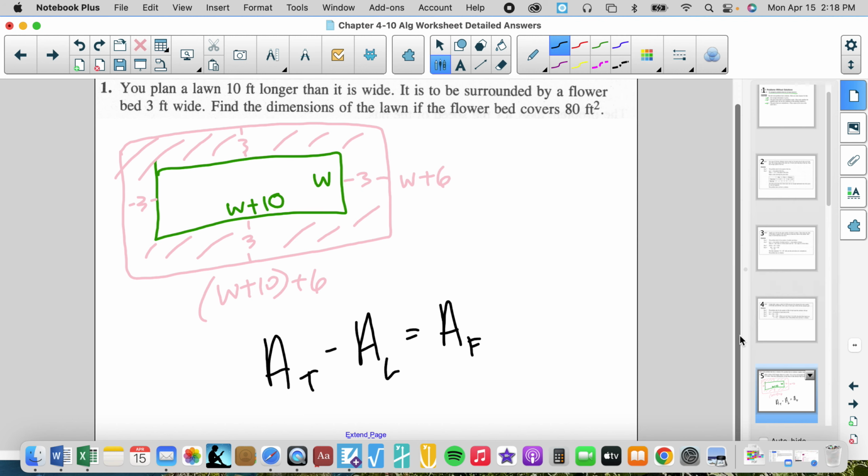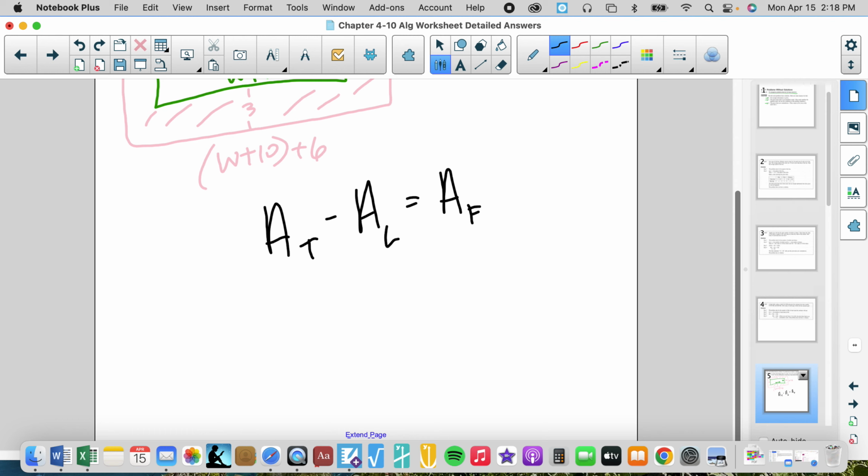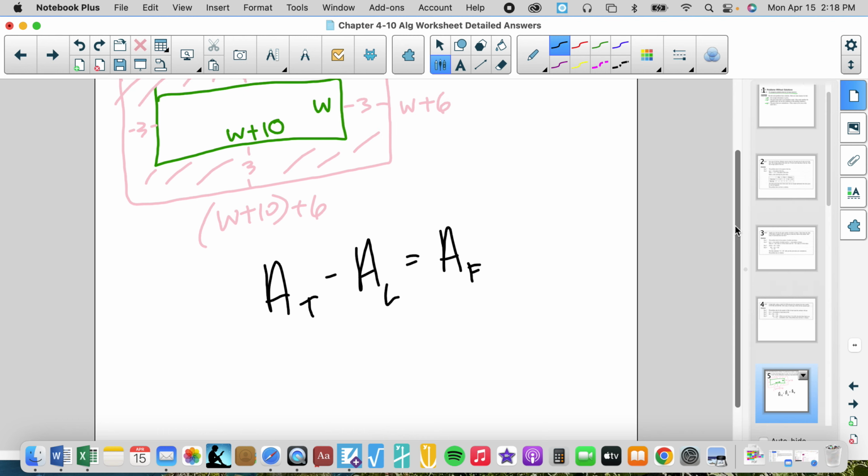Okay, so area of the total is going to be the big outside, so that's W plus 6, the length, times the width, W plus 16, because W plus 10, that's our length, minus the area of the lawn, which is W times the quantity W plus 10, that should equal the area of the flower bed.